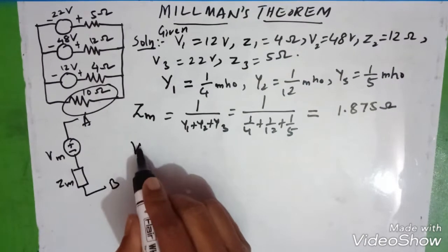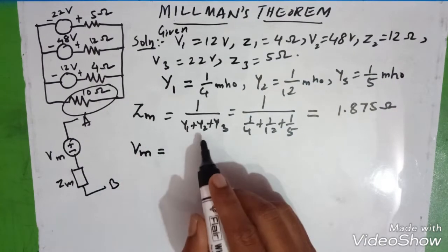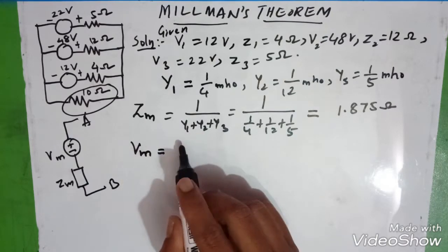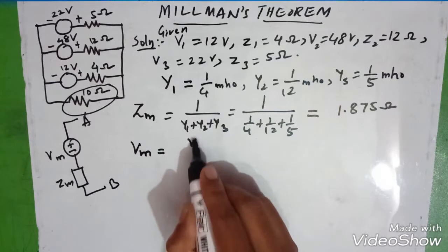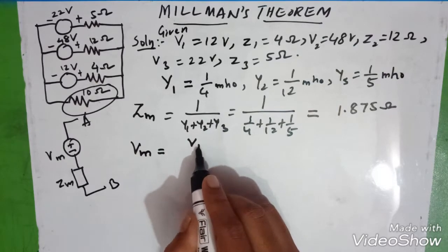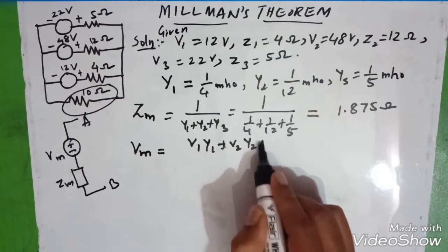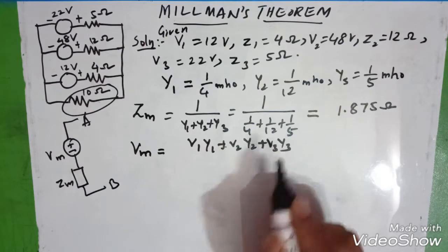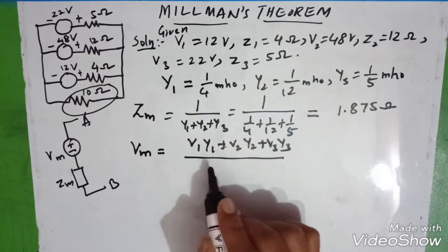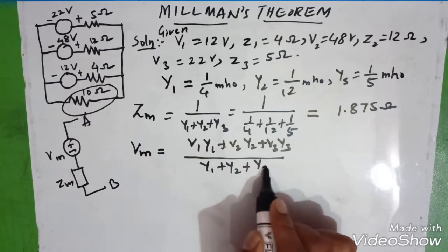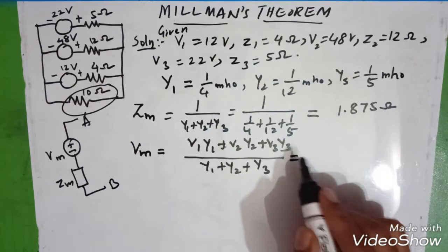Now calculate the single voltage, Vm. Vm will be equal to, we have the formula for Millman's theorem, V1 Y1 plus V2 Y2 plus V3 Y3 divided by Y1 plus Y2 plus Y3. Just substitute all the values.